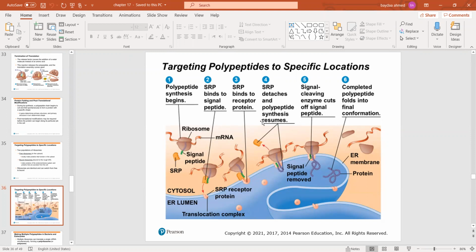The signal recognition particle leaves and polypeptide synthesis resumes with simultaneous translocation across the membrane. Here, the signal peptide is cleaved by an enzyme in the receptor protein complex, and the rest of the completed polypeptide leaves the ribosome and folds into a final conformation.